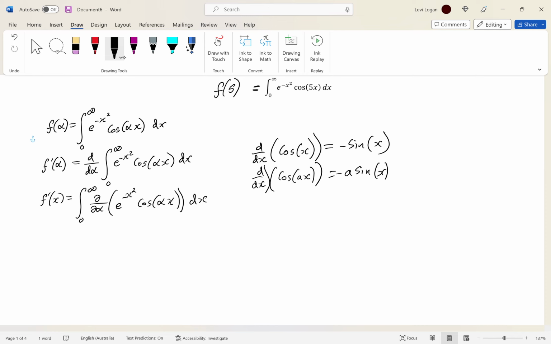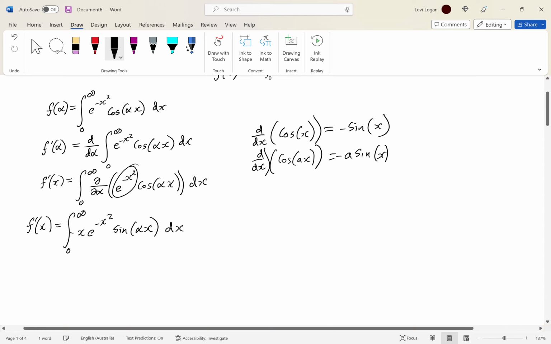So f dash of alpha is equal to the integral from 0 to infinity of e to the negative x squared, differentiating cos turns to negative sine, and we also have this x come out the front because x is our constant. So we have negative x e to the negative x squared sine of alpha x dx.